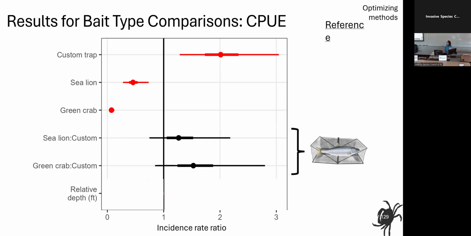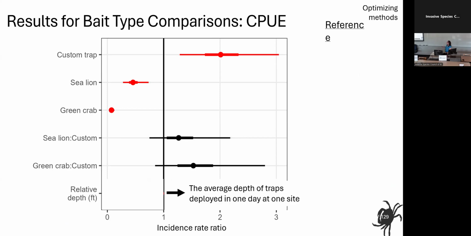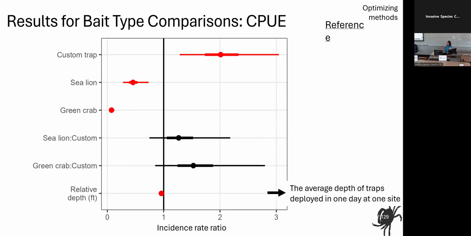So if you still want to keep your numbers up, but you don't want to be using herring, these are some good alternative bait types. And lastly, again, looking at relative depths, we saw that with an increase in depth, you're seeing a decrease in the catch per unit effort. So just like Em said, they are preferring some of the more shallow areas.